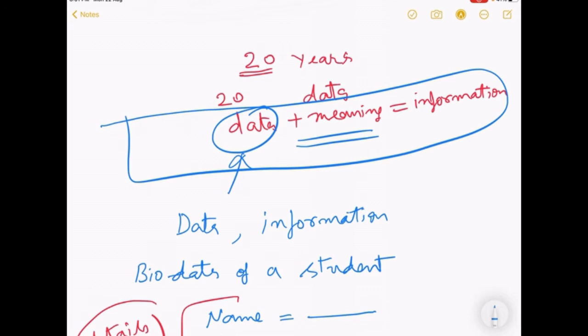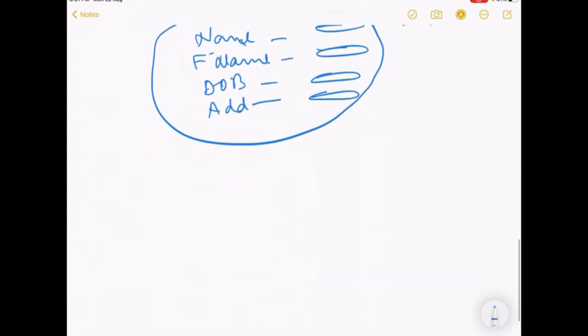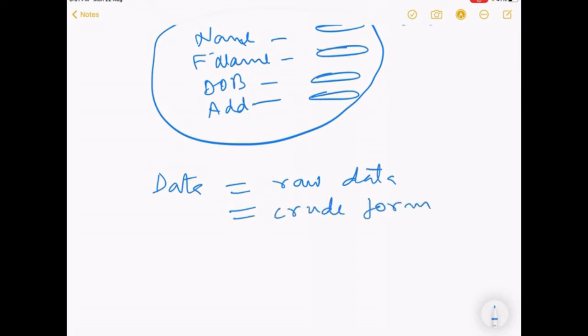So whenever we say data, that means it has no meaning or very little meaning, a crude form. Data generally we refer to as raw data, in crude form, with little meaning or no meaning.